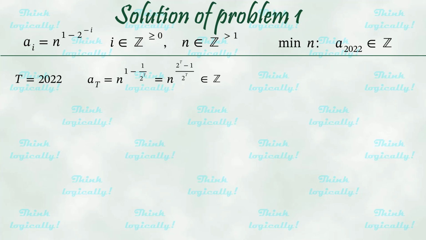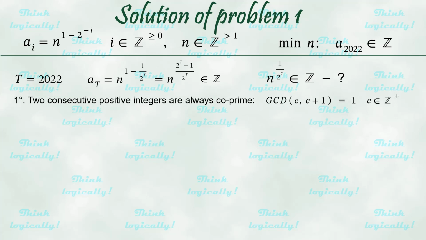We are going to prove that the numerator can be replaced with 1. In other words, in order for a sub t to be an integer, n to the power of 1 over 2 to the power of t must be an integer. As a start, let's prove statement 1. Two consecutive positive integers are always co-prime.